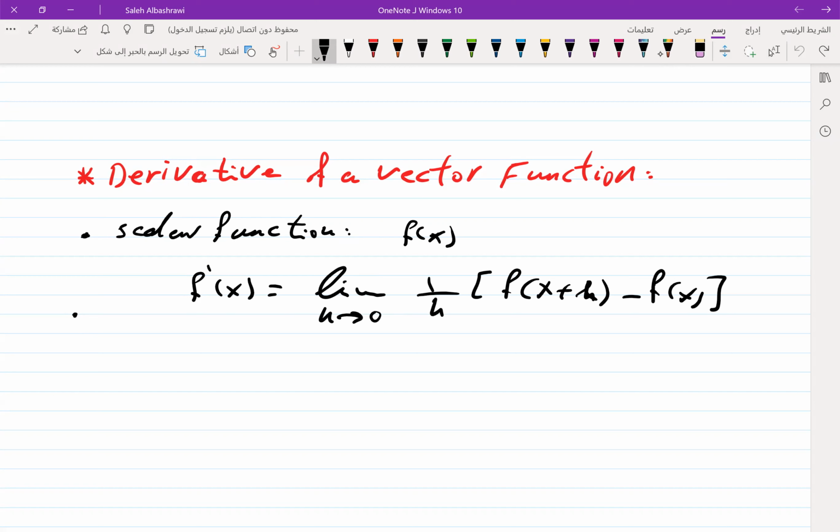If we replace f of x by a vector function, then we will have derivative for the vector valued function.